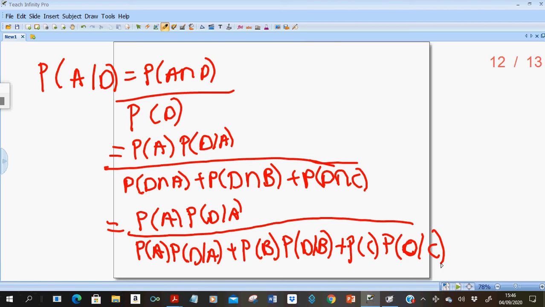This will give us the probability of A given D. The probability of A is 0.45 multiplied by... sometimes I put the cross and sometimes I just leave it without any sign. It just means multiplication.